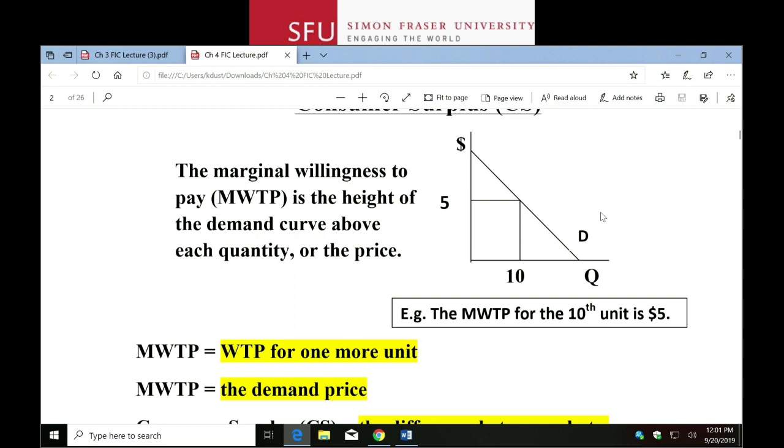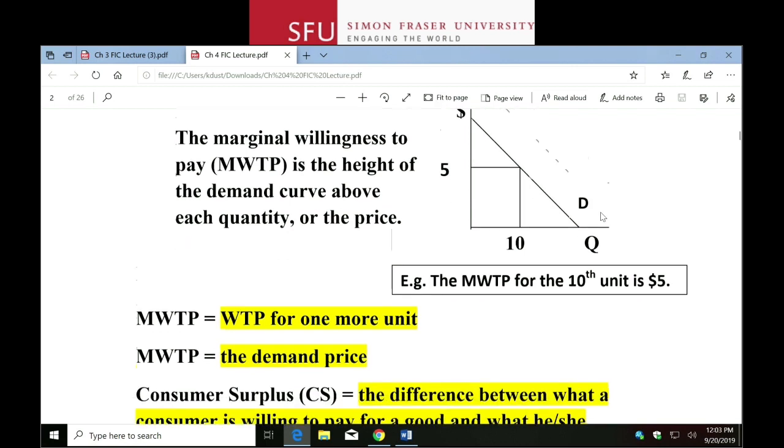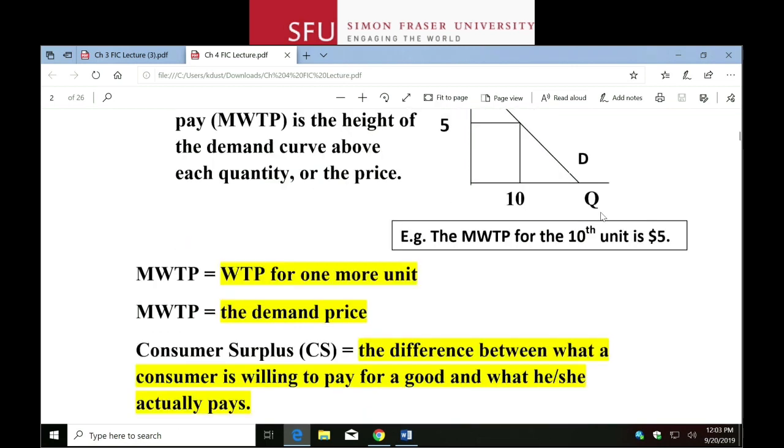Whereas if at the 10th unit they only have to pay, say, $1, then they're going to have a net benefit or a surplus. So you get a surplus or net benefit as long as the price you're willing to pay is more than what you actually have to pay. That's your surplus: the difference between what a consumer is willing to pay and what he or she actually pays.